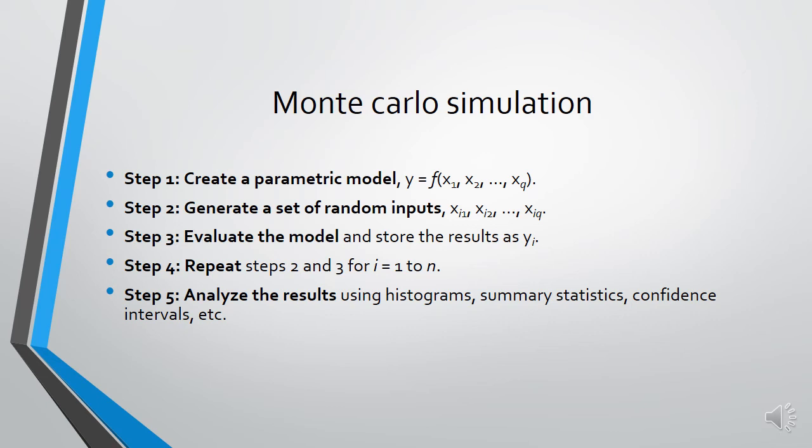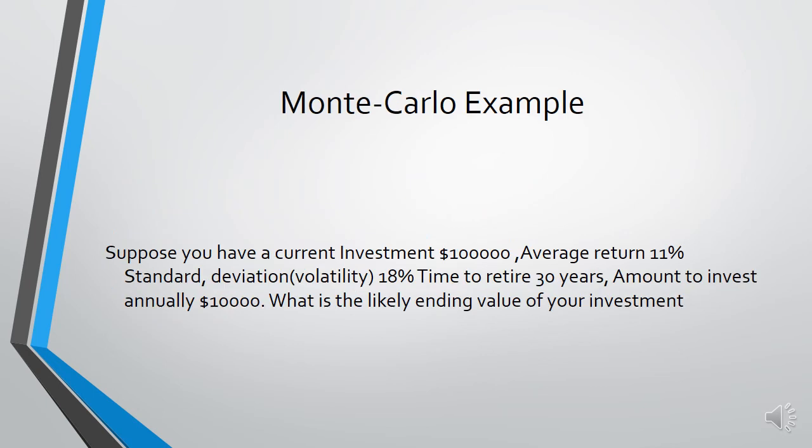At the end of this simulation, you can analyze your data set using histograms, summary statistics, confidence intervals, the quartiles, and so on. You can then safely conclude how the dependent variable will behave into the future, and you can give your client meaningful advice.